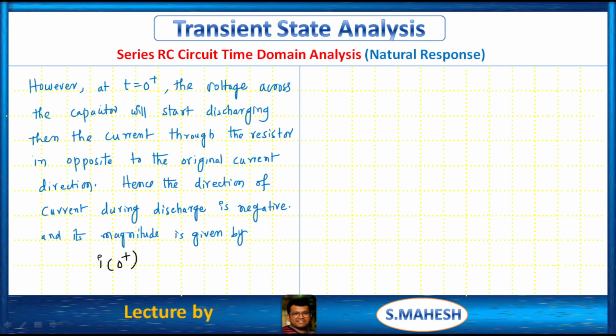I of 0 plus, which is equals to minus V by R, right?